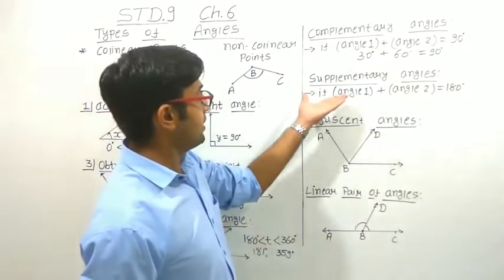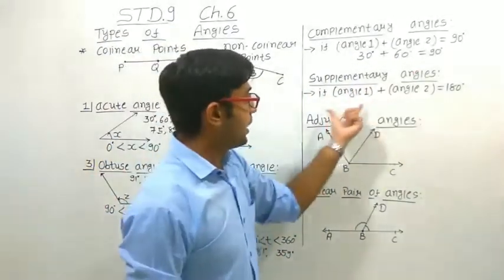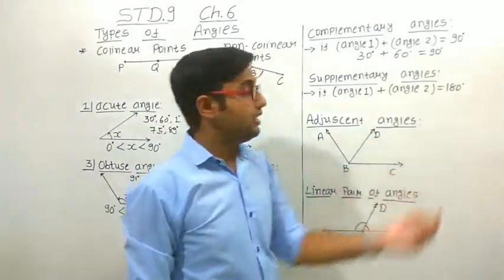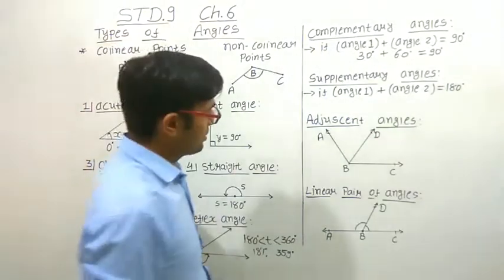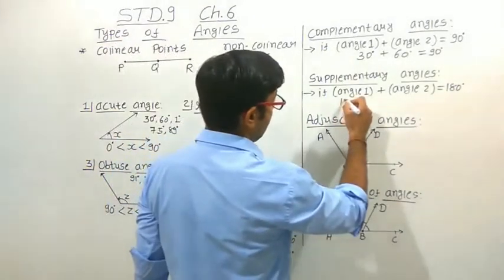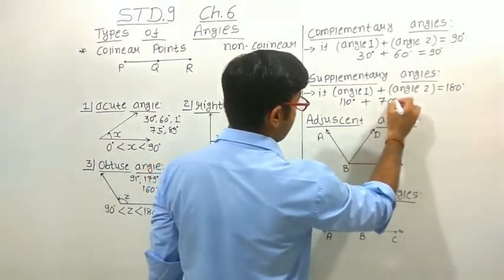In the same way, the second terminology is supplementary angles. If the addition of two angles is equal to 180 degrees, then the two angles are called supplementary angles. Suppose one of the angles is 110 degrees, and the second angle is 70 degrees.